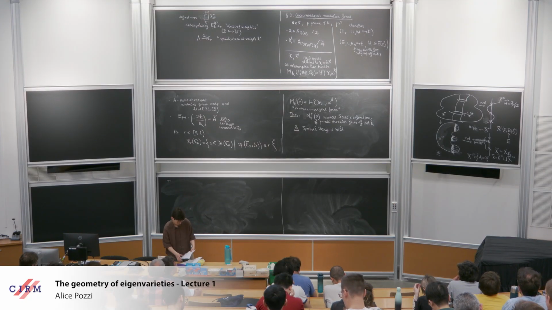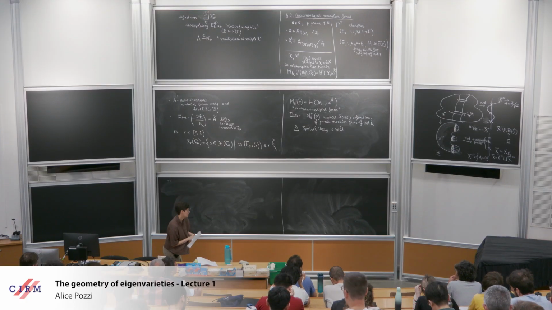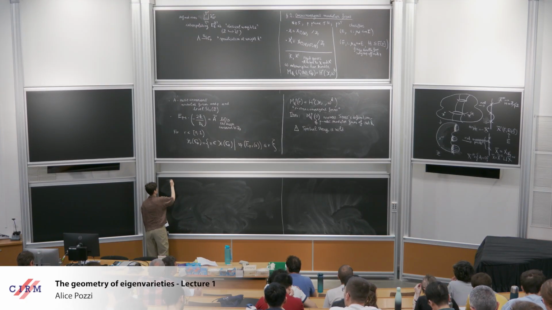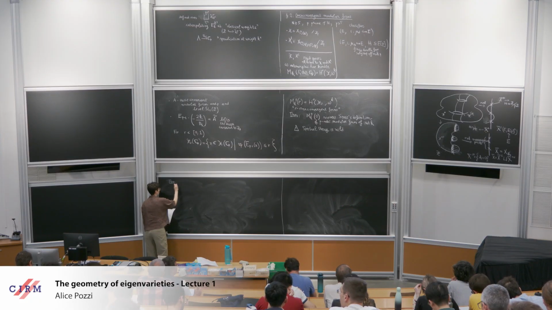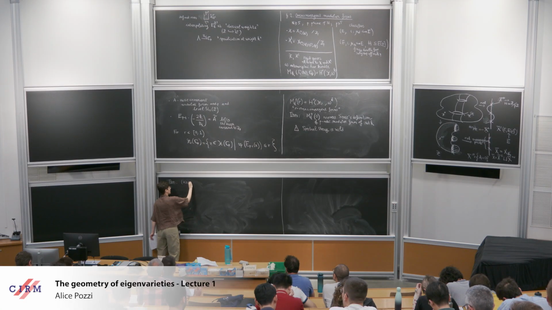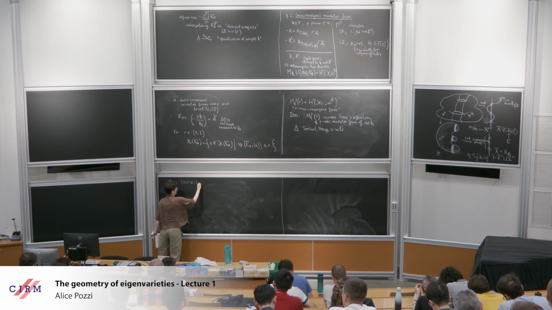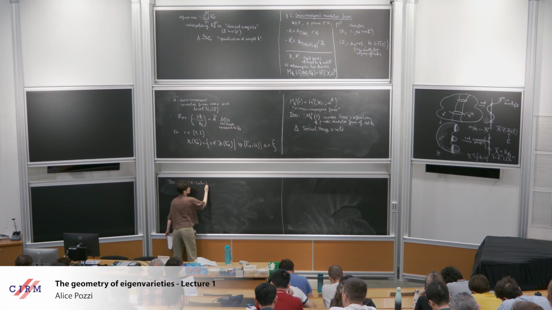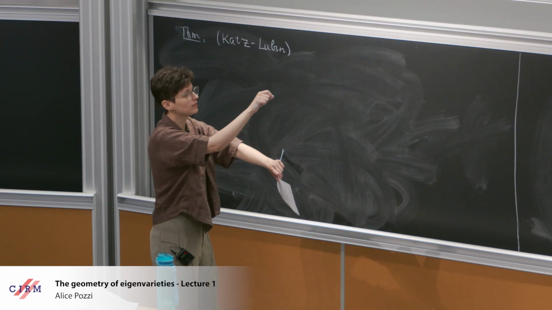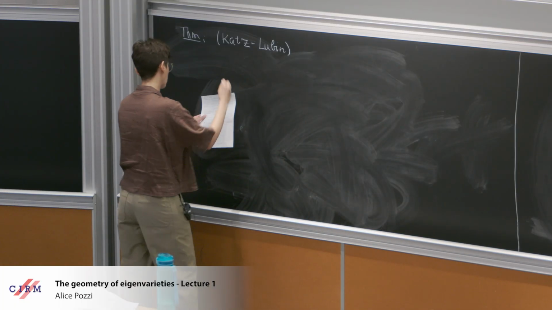Okay, so here we are getting to the main point of this whole business, which is this theorem of Katz and Lubin about the fact that this map that I just described on the ordinary part of the special fiber lifts to characteristic 0.